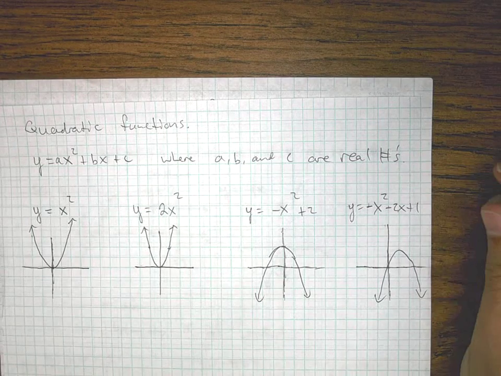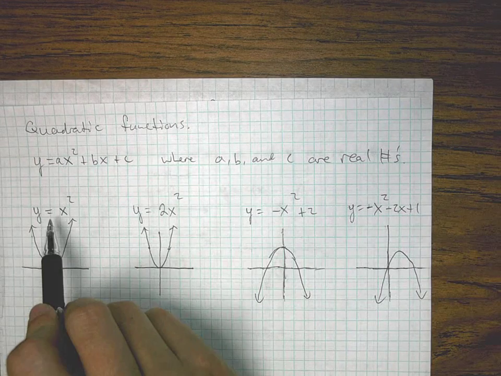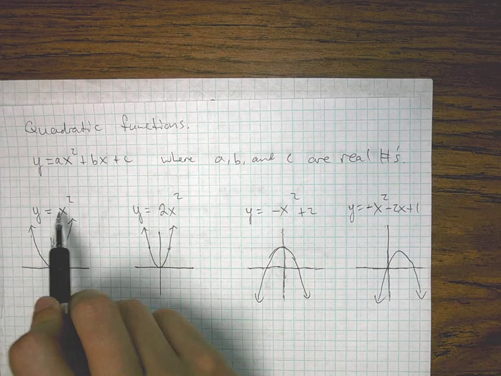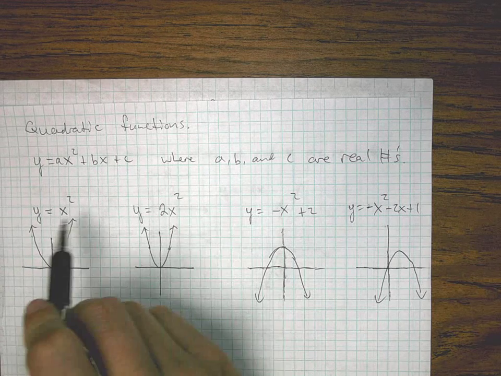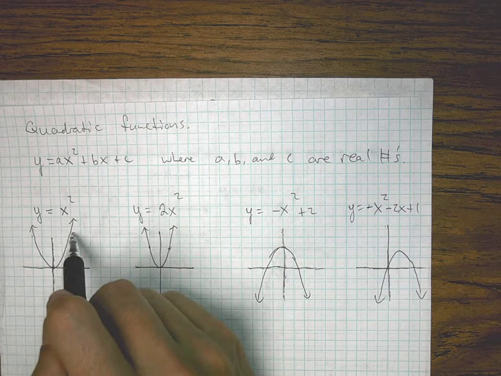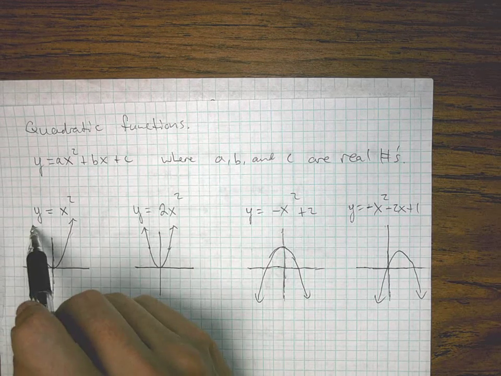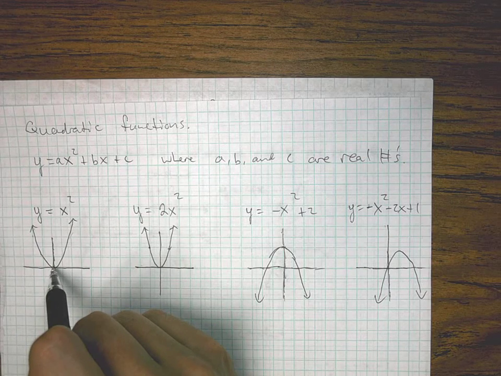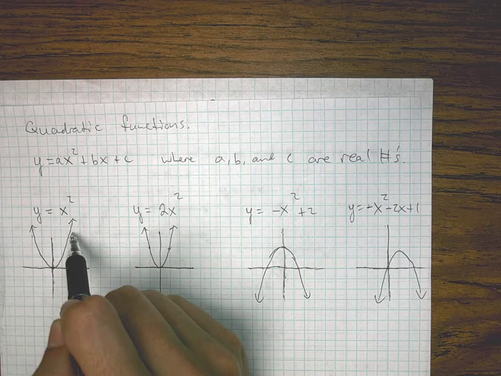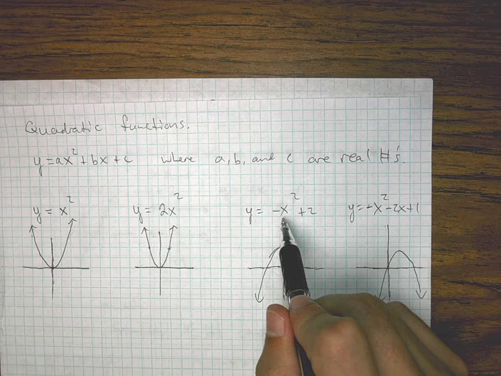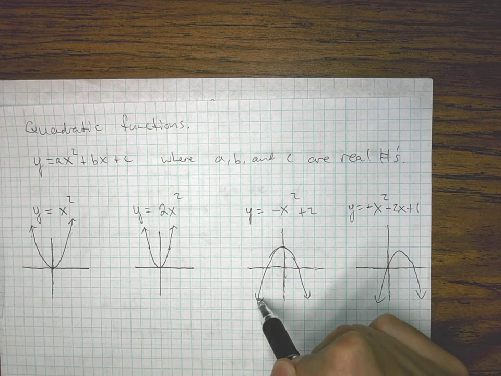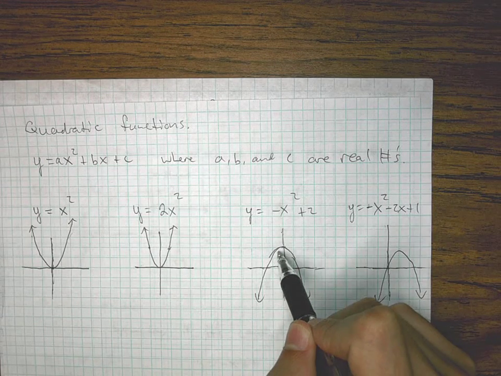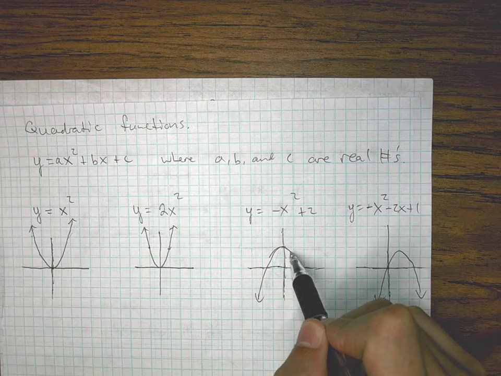So a couple of things that we should see. If the a value is positive, that means the number in front of x squared is positive, it goes from decreasing to increasing. It's decreasing all the way until we get to this point, and then it starts increasing again. Whereas if the a value is negative, it's increasing at first, and then it gets to its highest point, and then it decreases.